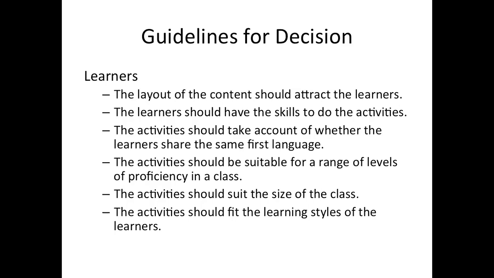We always assume that the abilities of the learners are different from one student to another. That's why we have to provide activities, and we always base the activity on the probable level of the learners. Some are quite low and some are quite high, and then we have to deal with both levels of ability within the learners.